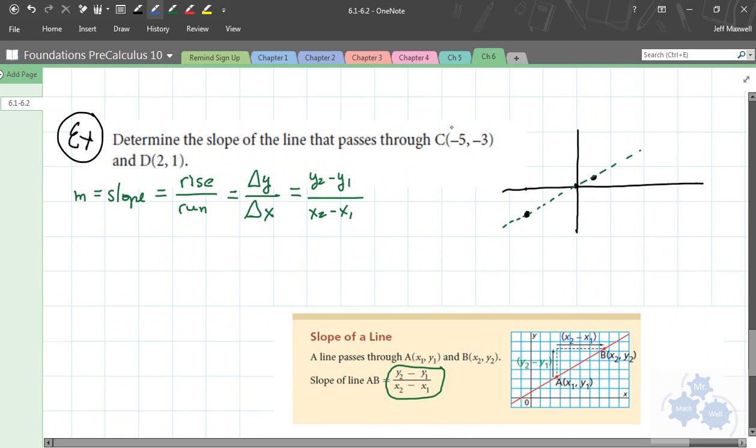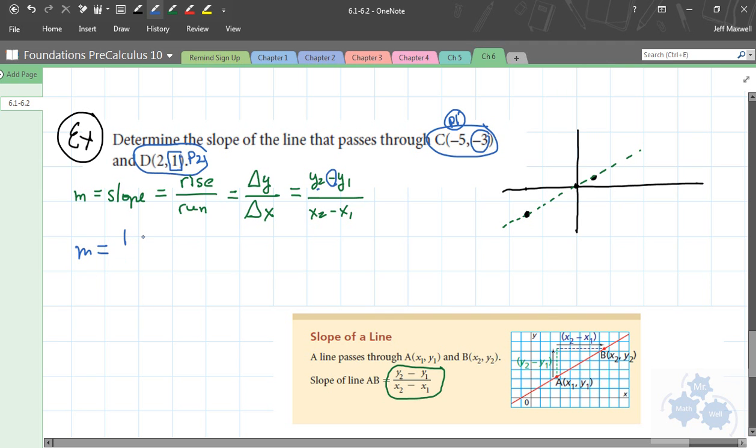So, let's say this is point 1, right here, C, and let's say this is point 2, D. Alright, so M equals, what's the change in y? Well, if this is point 2, let's start off with the y value in point 2. 1, and we subtract the y value in point 1.